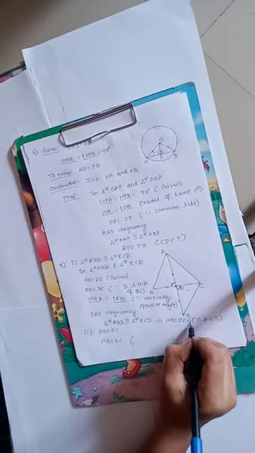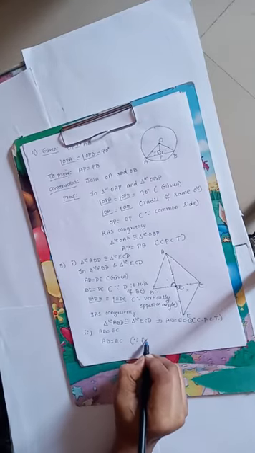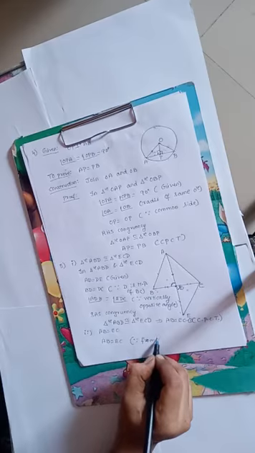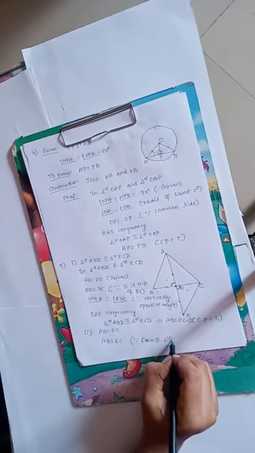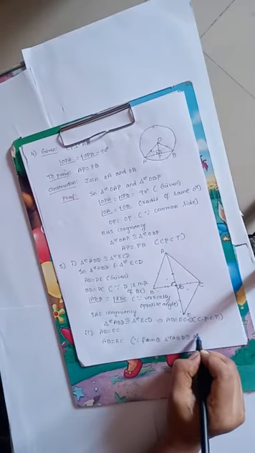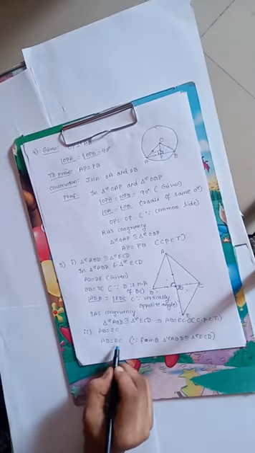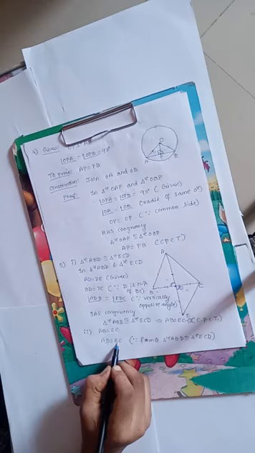You can mention it as 1, because from 1, triangle ABD is congruent to triangle ECD. From the CPCT you can tell that AB is equal to EC. The second proof is also over now.